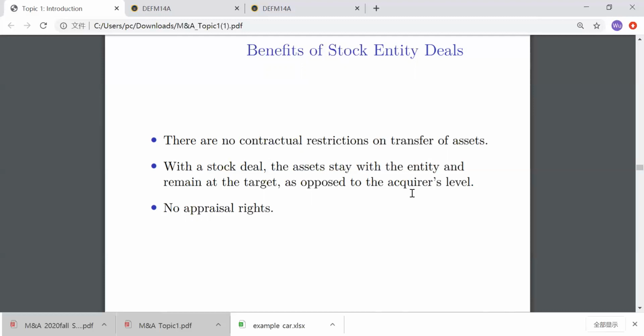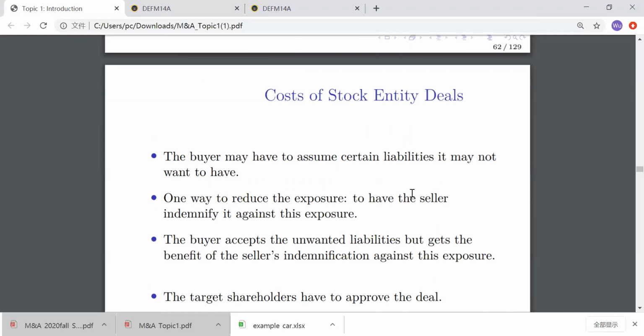It will make the M&A process slower, right? And also it will cost the acquirer's shareholders, right? So that's why the benefit of a stock entity deal is that there are no appraisal rights for the shareholders. So if shareholders are not satisfied, they cannot go to the court. That will be good news for the acquirer because the process is facilitated.